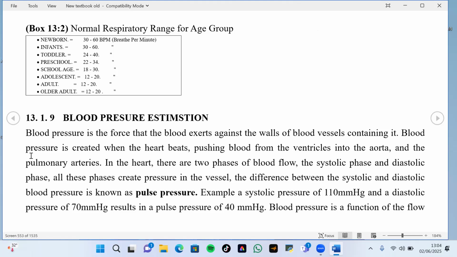In the heart, there are two phases of blood flow, the systolic phase and the diastolic phase. All these phases create pressure in the vessel. The difference between the systolic and diastolic pressure is known as pulse pressure. For example, if a systolic pressure of 110 millimeters of mercury is recorded and a diastolic pressure of 70 millimeters of mercury, it will result in a pulse pressure of about 40 millimeters of mercury.